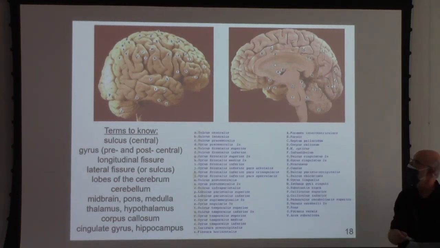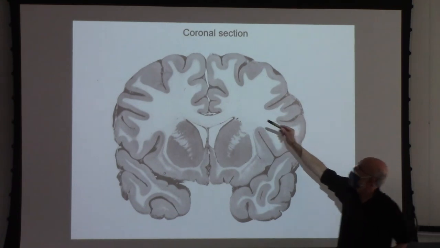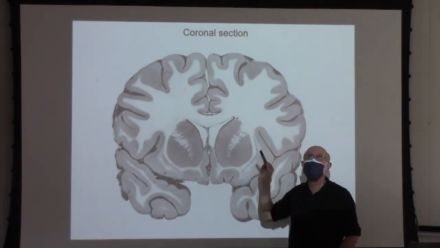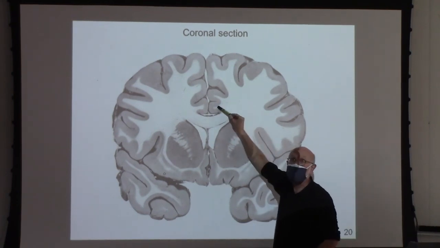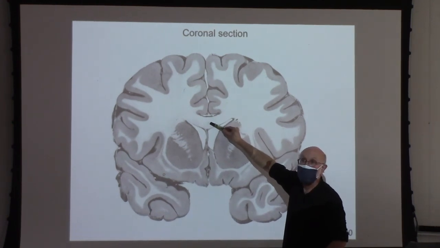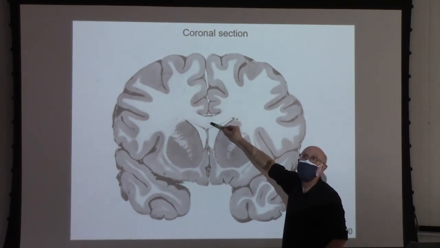The name is on the board. What's the name of this gyrus right above this thing right here? Is it the cingulate gyrus? The cingulate gyrus. This is the cingulate gyrus. Okay, Andrew, what's the name of this structure right here? The corpus callosum.